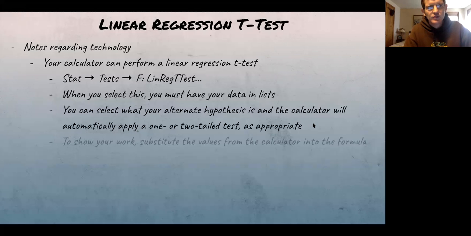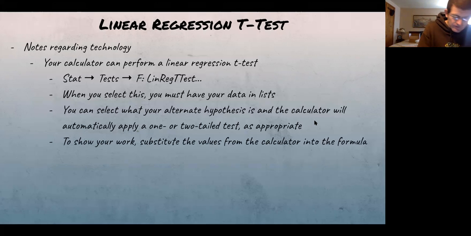All right, to show your work, you would want to substitute the values from the calculator into the formula. You can't just say, here's my answer, without showing any kind of work. So if you had your b minus beta divided by s sub x times the square root of n minus 1, you could plug these numbers in. You know what your n is. You know what your b is.